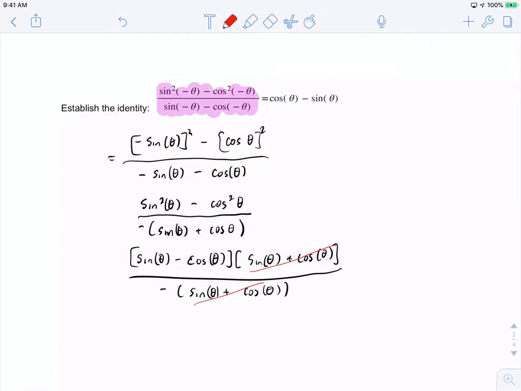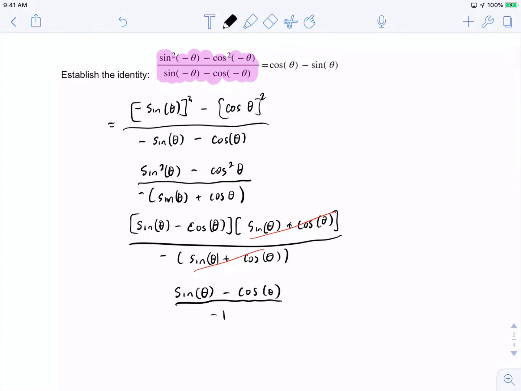So this is going to cancel with this. And I'm going to get sine of theta minus cosine of theta all over negative 1. But that just changes the signs up above. So I'm going to get negative sine of theta plus cosine of theta. And I can rewrite it so it matches exactly what the other side is: cosine of theta minus sine of theta. And once again, I've shown that this is, in fact, true.